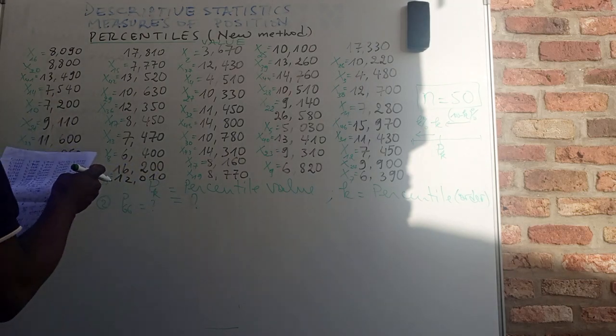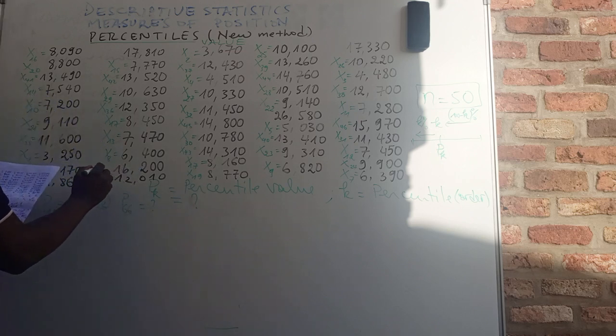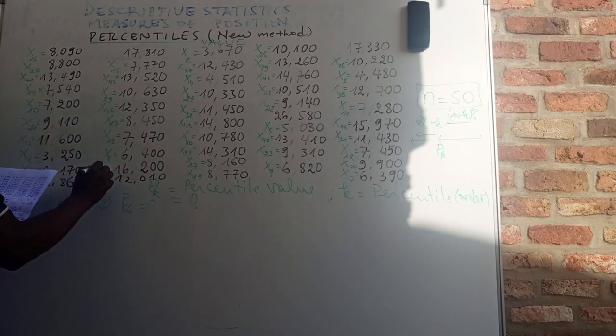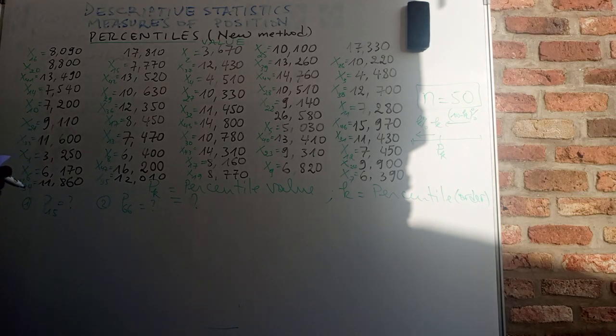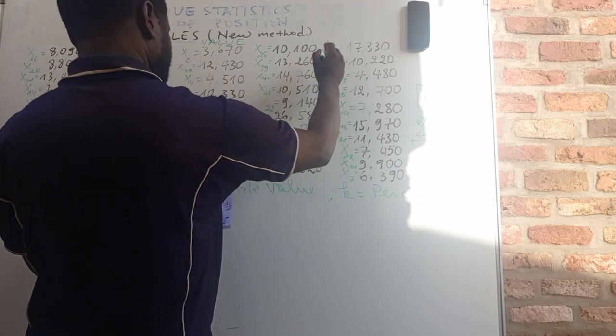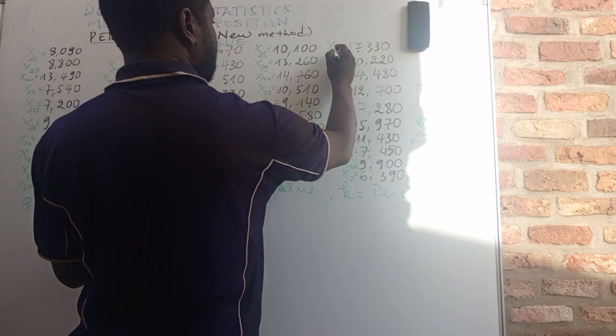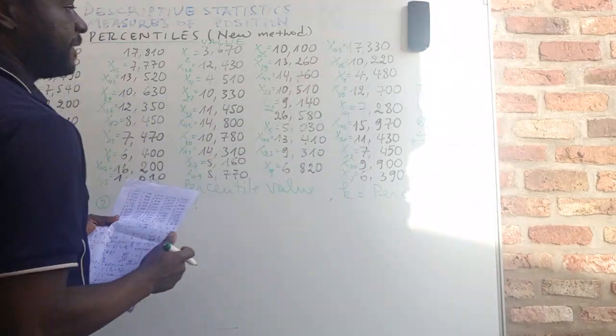Now x sub 47, it is 16200. x sub 47. Now next is x sub 48, 1730. This is x sub 48. Now this part is over.